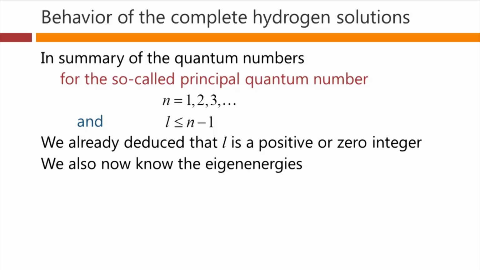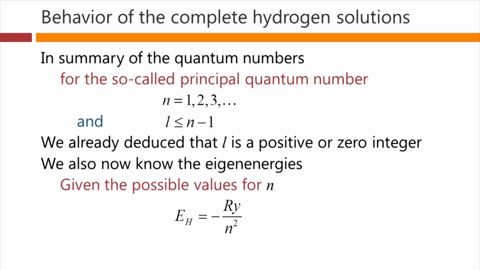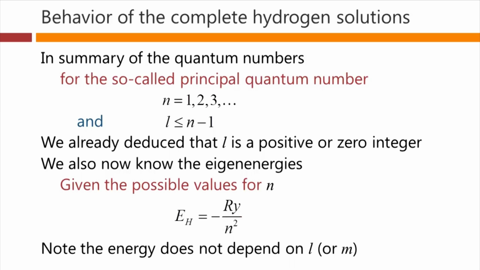We actually wrote down the formula before. For given possible values of n, the eigenenergies are minus the Rydberg over n squared. Note incidentally that the energy does not depend at all on the L or m quantum numbers. It only depends on the n quantum number.